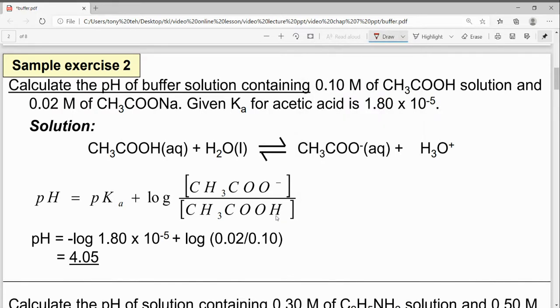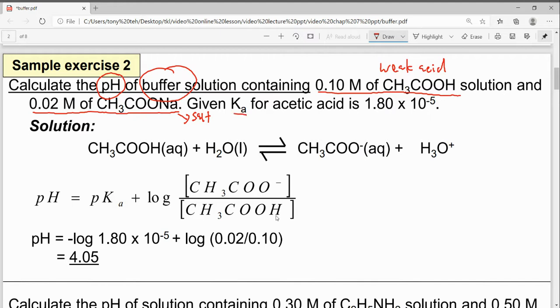This one calculates the pH of a buffer solution containing 0.1 molar of ethanoic acid, CH3COOH, which we know is a weak acid, and 0.02 molar of sodium ethanoate, which we know is a salt.